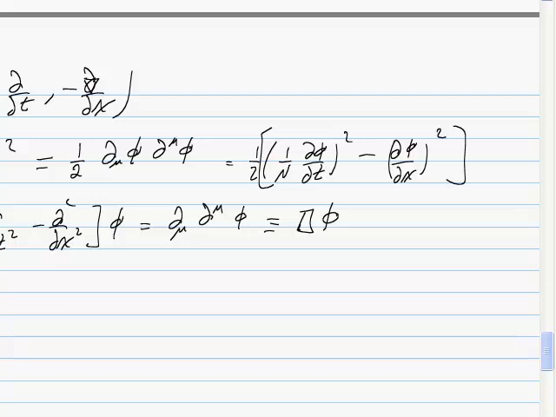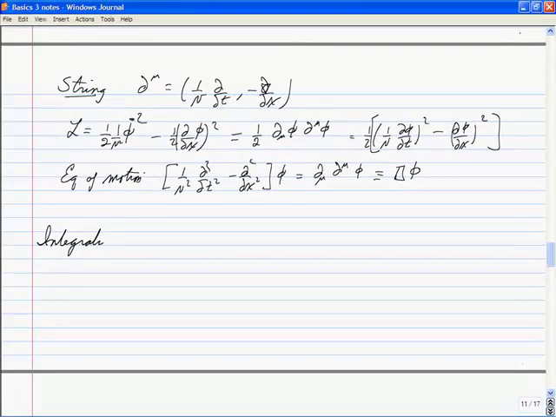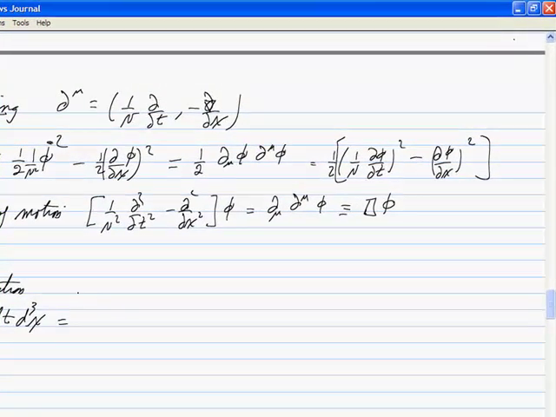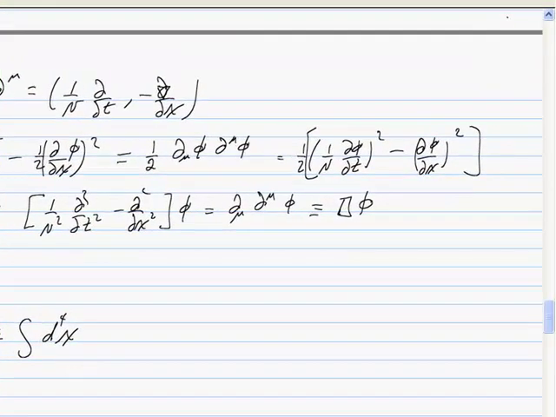And lastly, integration. We have the integral dt d3x when we integrate over all space and all time. That's then the integral d4x, which is the definition of that. This is a relativistic invariant.